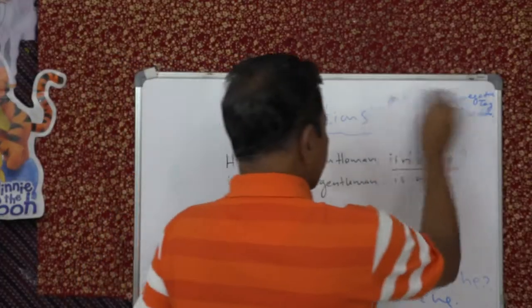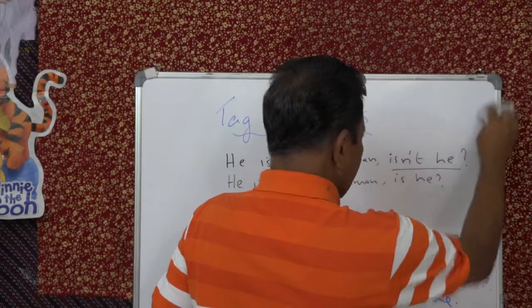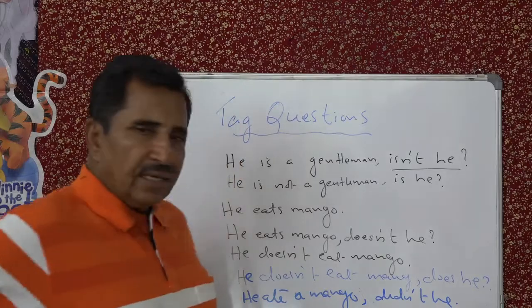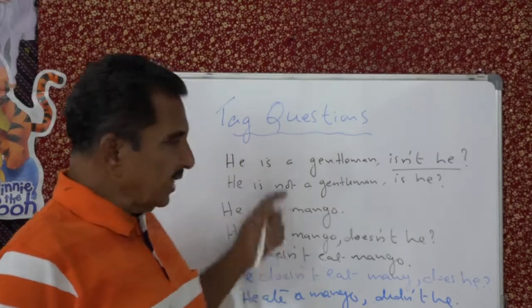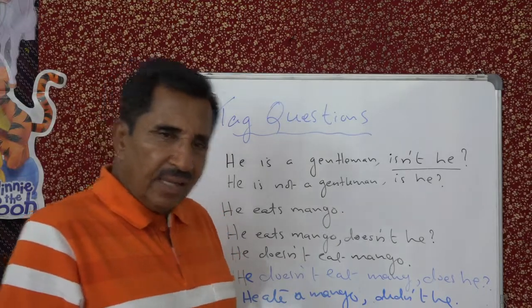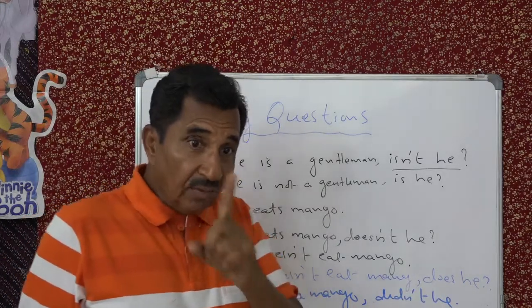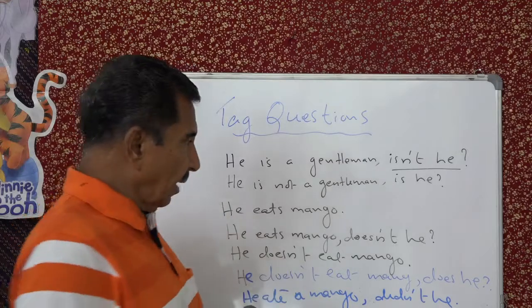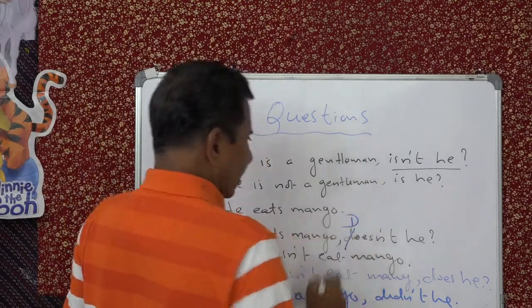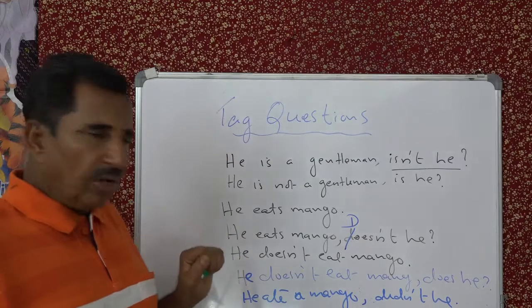Then the second point to note is, for writing a tag, you have to rewrite the whole sentence. Put a comma at the end and then write the tag, starting with small letters, not capital letters. If you write it like this, it is not correct. Not accepted.